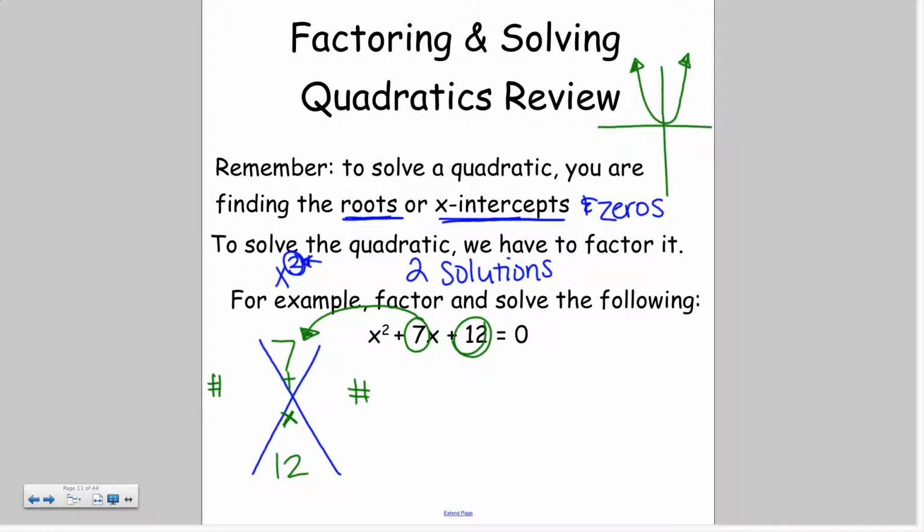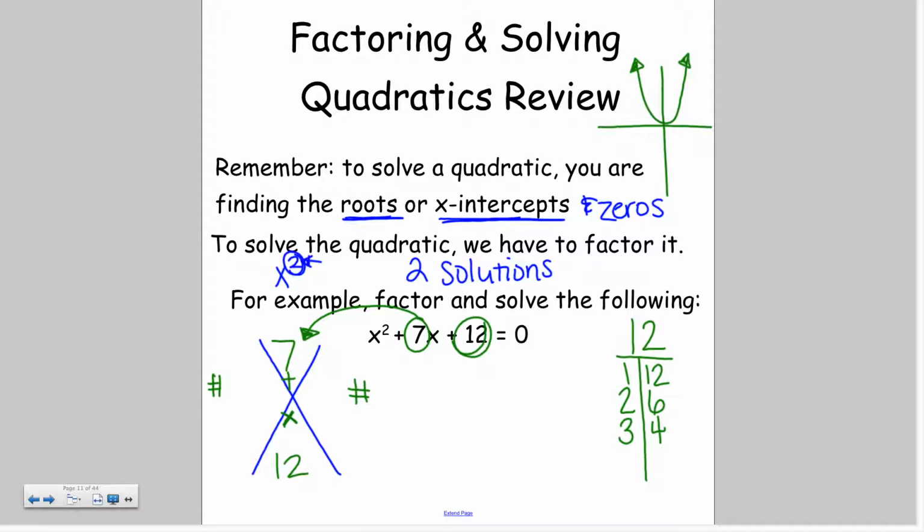All right? So we need to look and see what the factors of 12 are. If you need to write this down, you can. As we get into some bigger numbers, this might be helpful. If you can recognize really quick, that's fine as well. So the factors are 1 and 12, 2 and 6, 3 and 4.